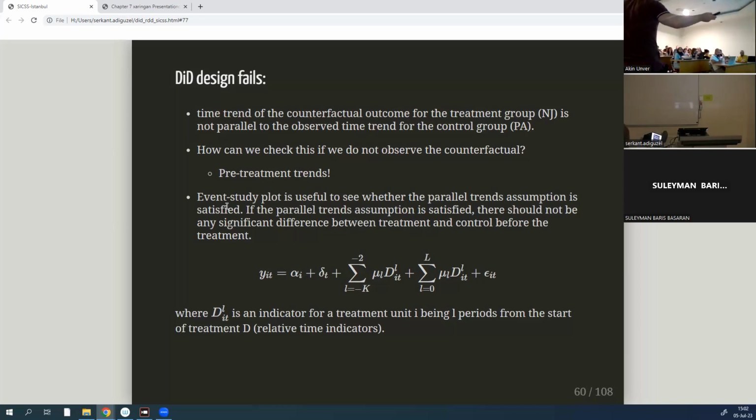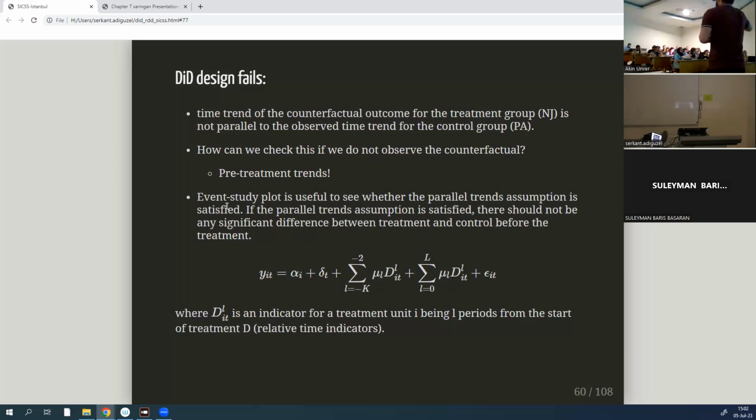Of course, visually tracking whether they are parallel or not is not very formal. So what you can do is something like an event study. Has anyone heard about event study? Event study is essentially fitting a more flexible model. It's the same idea, but you have multiple time periods. For instance, let's say we have yearly or monthly employment data.